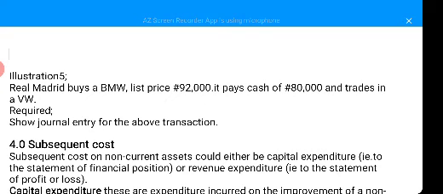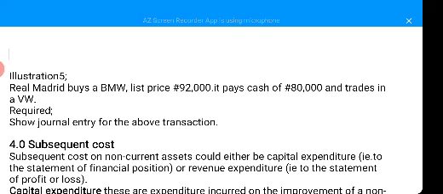Now, illustration 5. We said Real Madrid buys a BMW. The list price is 92,000 naira. It pays cash of 80,000 naira and trades in a VW.